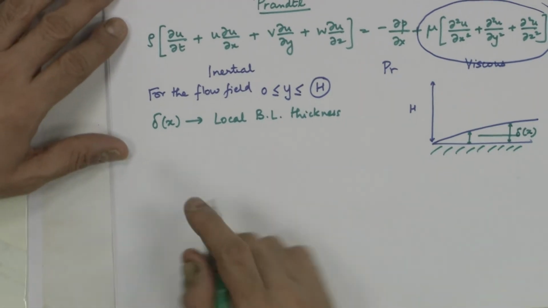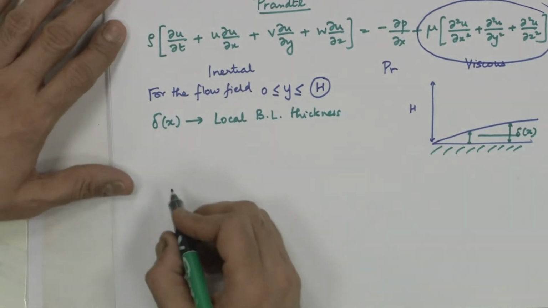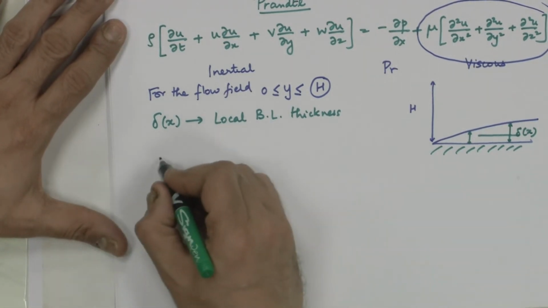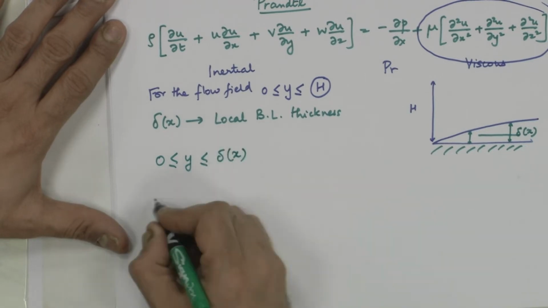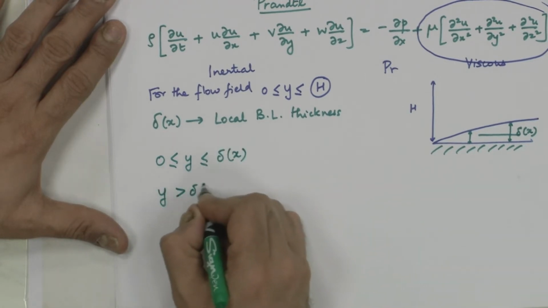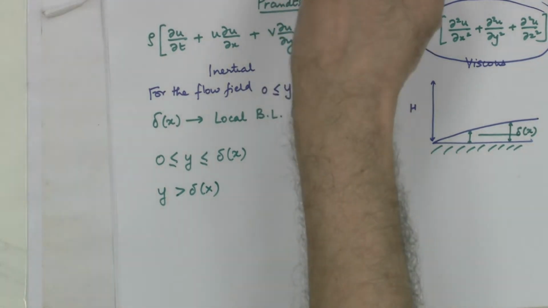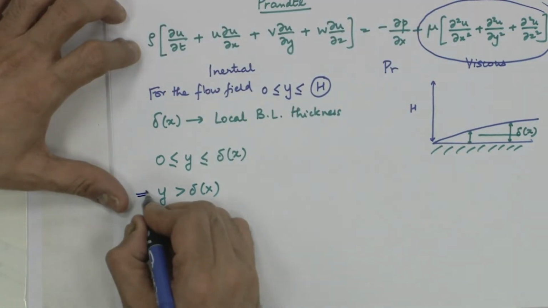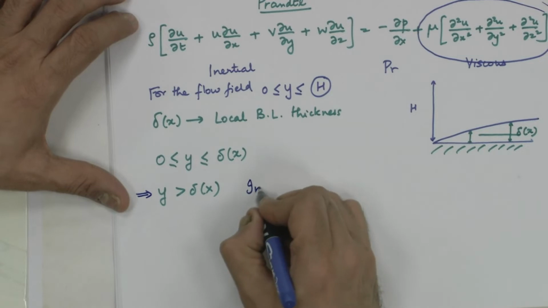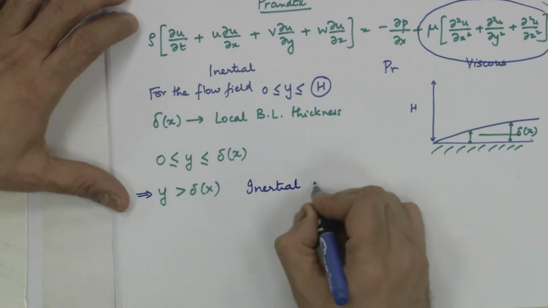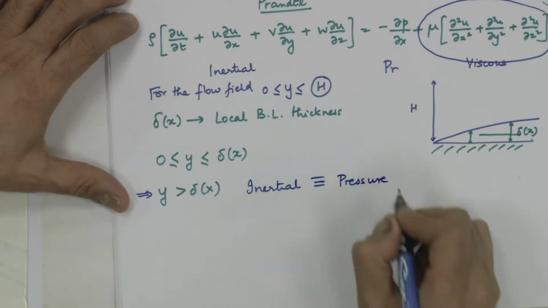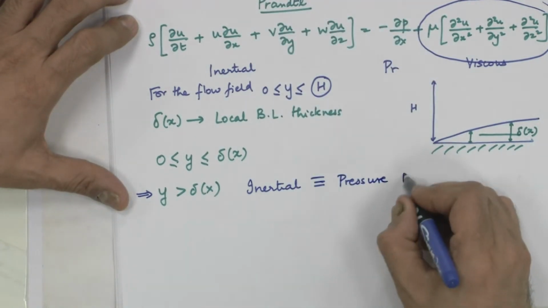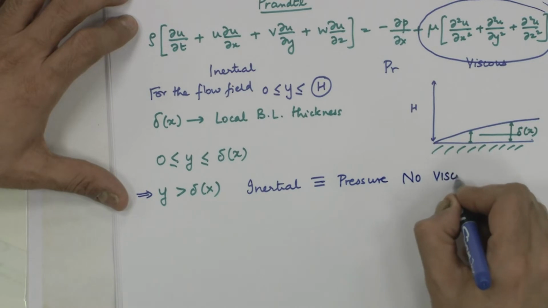So, what Prandtl did is split the region as 0 less than y less than delta, and y greater than delta. In the case of y greater than delta, what do I have? Inertial forces balanced by pressure forces, no viscous effect.